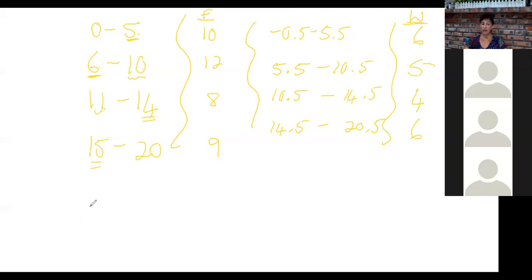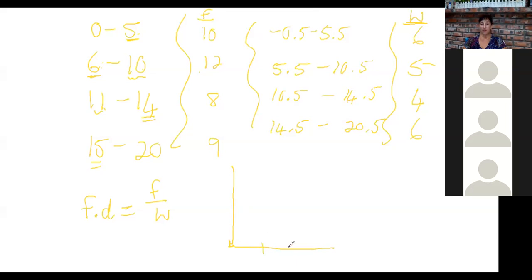And why would you find the width? Because frequency density is frequency over width. 10 over 6, 12 over 5, etc. Okay, and what do we use a frequency density for? We use it for a histogram. So you would plot from minus 0.5 up to 5.5.